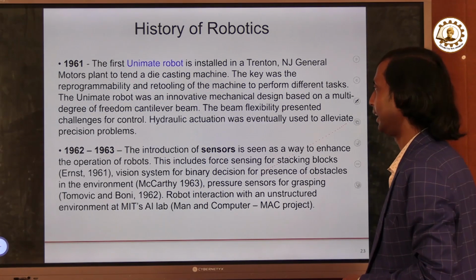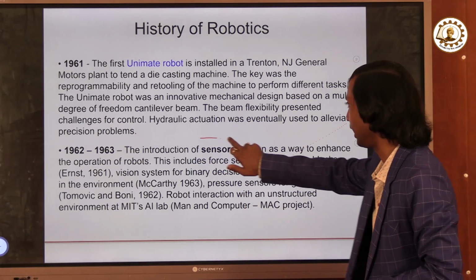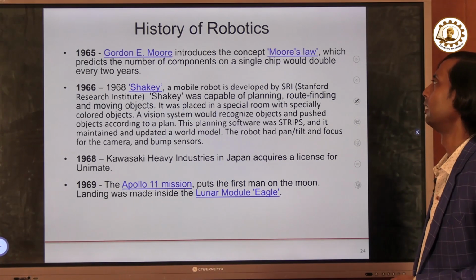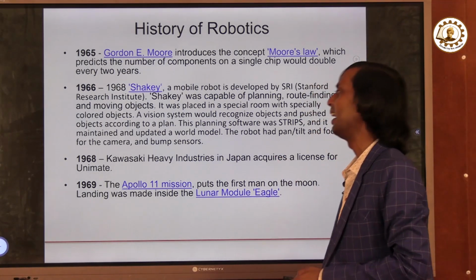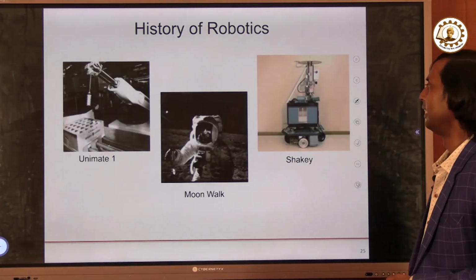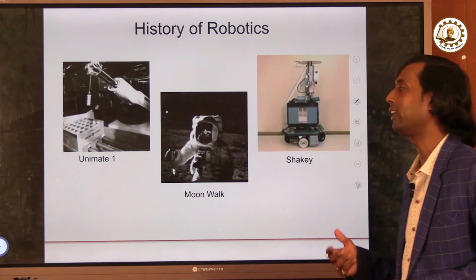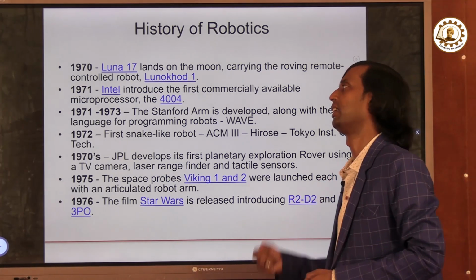Then also in 1961, 1962 to 63, some sensors became applicable. Then 1965, 1966, 1968, 1969, day by day, the robot actually developed and so many models came.